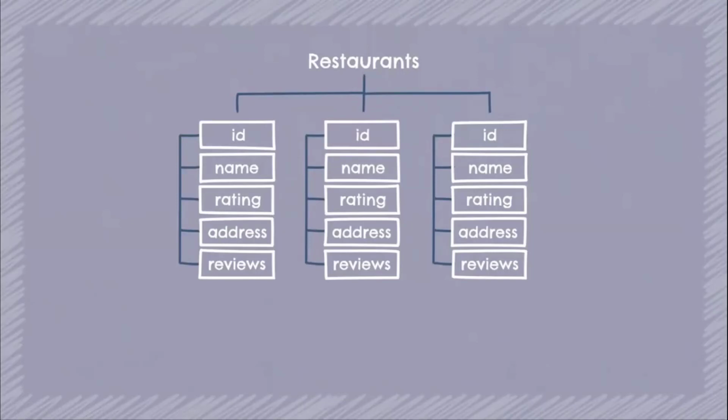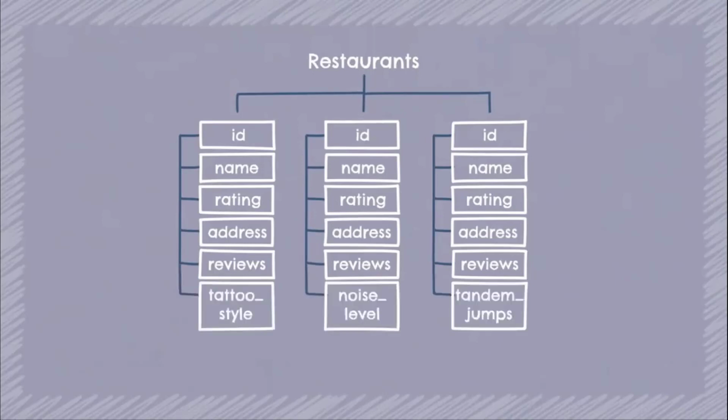In the case of SQL, each entry would need to have the exact same fields with the exact same data types. In this case, these fields don't have to be the same. So for example, in the same restaurants object in your database, you could add a noise level key for one entry, a tandem jumps key for another entry, and a tattoo style key for a third entry. And you can do all that without causing your database to freak out or give an error.